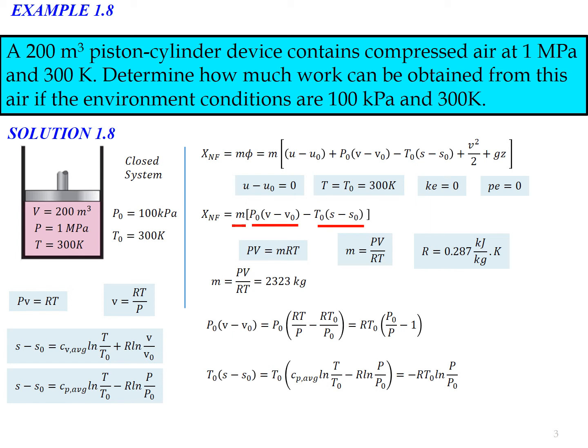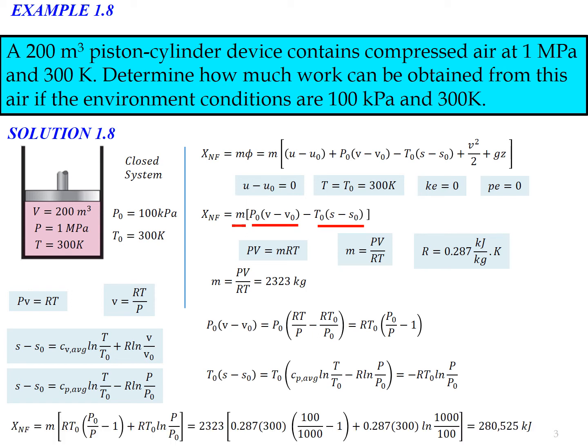We have this simplified equation because if you look in the bracket, we have ln T divided by T naught, and because T equals T naught, T divided by T naught is equal to 1, so ln 1 is 0. So the term involving ln 1 is eliminated from the equation. That's why we have this simplified equation for T naught multiplied by (S minus S naught).